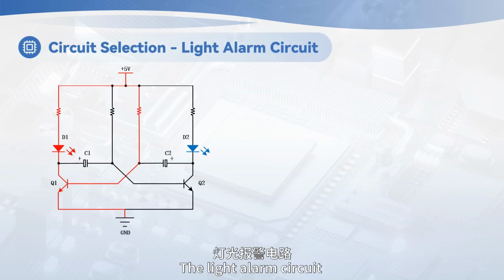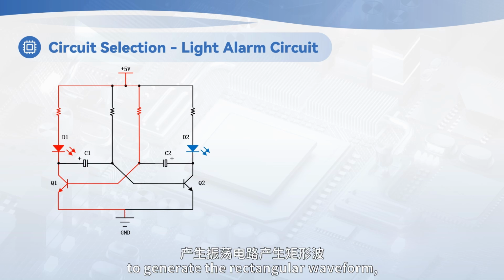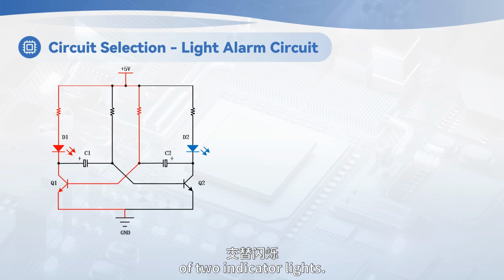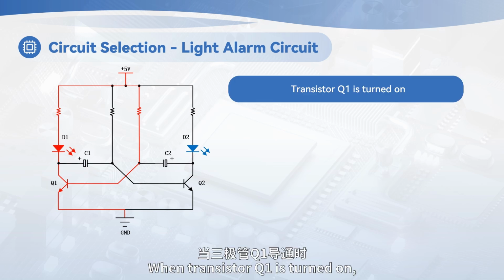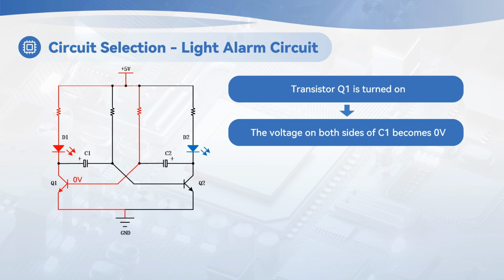The light alarm circuit applies a typical astable multivibrator circuit to generate the rectangular waveform, which controls the alternate flashing of two indicator lights. Its working principle is as follows. When transistor Q1 is turned on, the voltage on the left side of capacitor C1 becomes 0 volts.